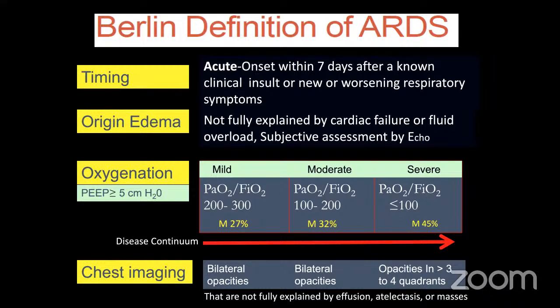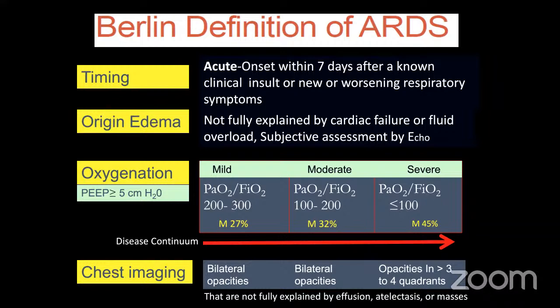Sometimes patients don't progress from mild to moderate to severe, but most of the patients who get sick and die generally progress from mild, moderate to severe. And it is obvious that the mortality would be very high in severe ARDS. And chest imaging is very difficult to make out without looking at the other components.